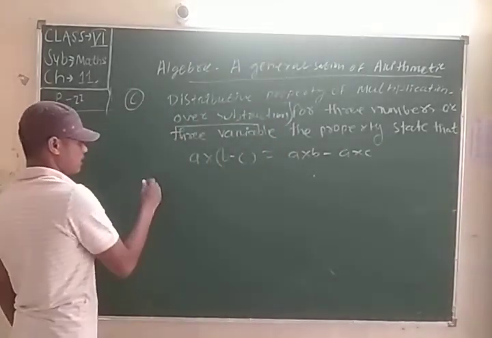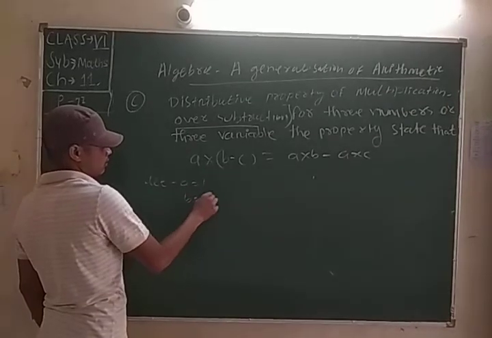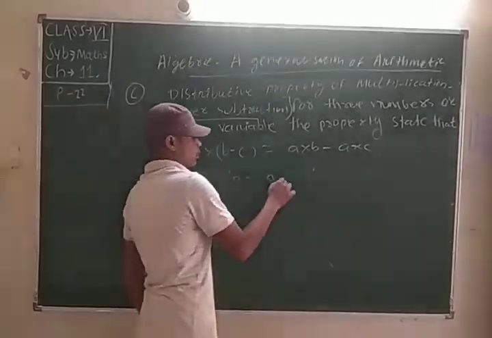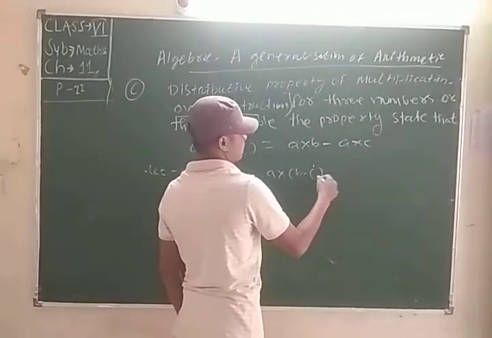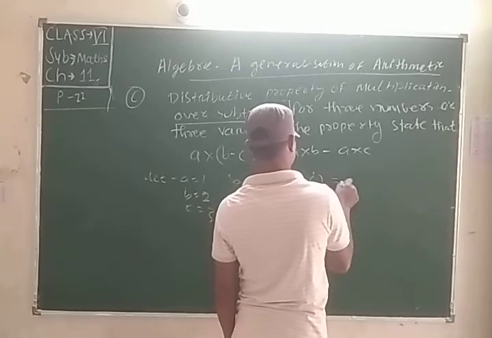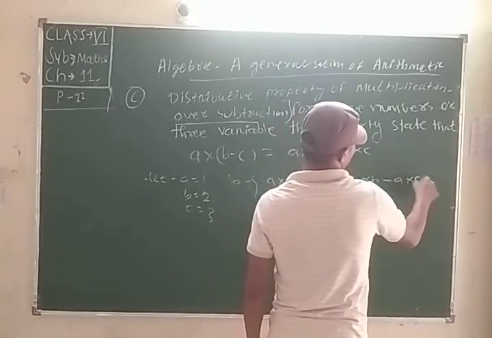Now let a equal to 1, b equal to 2, c equal to 3. So a into b minus c equals a into b minus a into c.